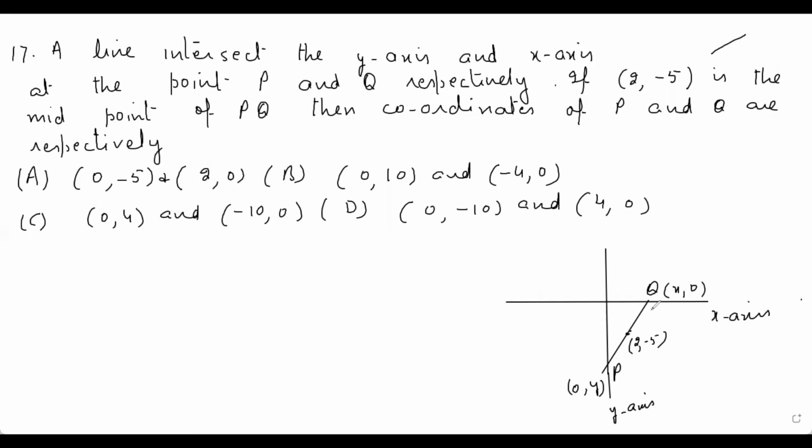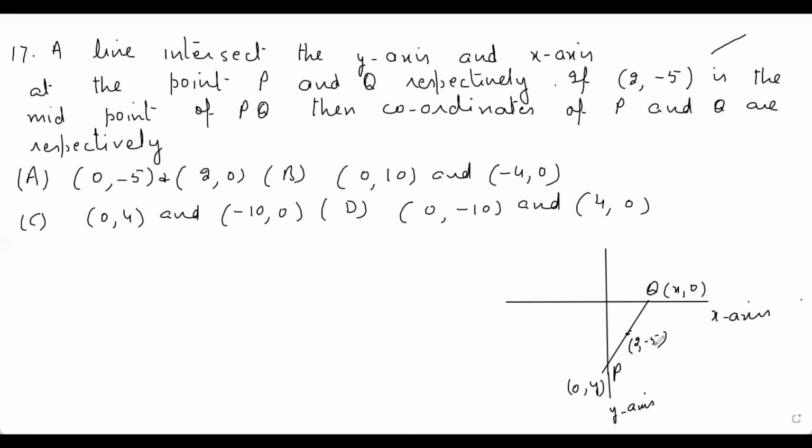A line intersects the y-axis and x-axis at P and Q respectively. 2, minus 5 is the midpoint of this line. Let the coordinates of P be 0, y and coordinates of Q be x, 0. We are to find the coordinates of P and Q.